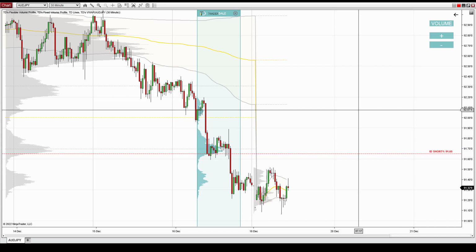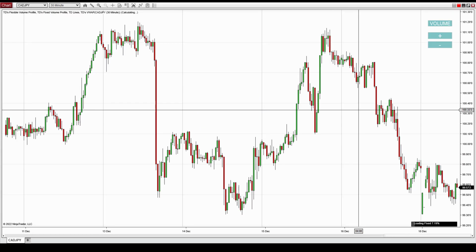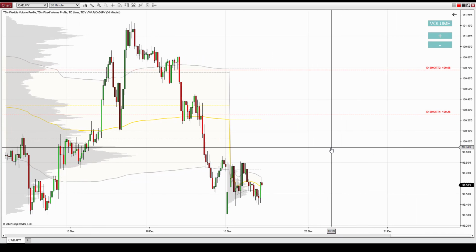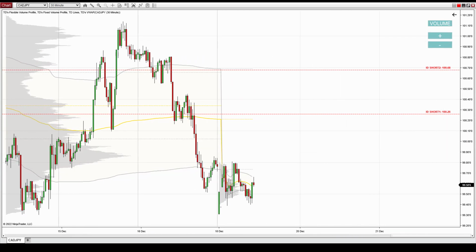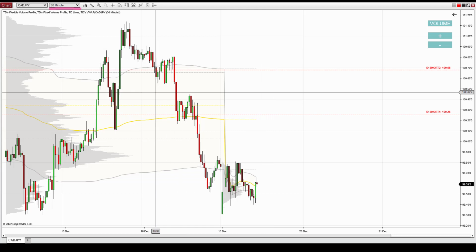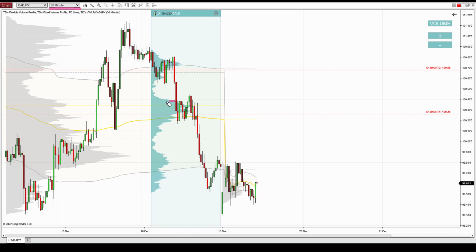Now let me switch over to another chart, and the next one will be Canadian dollar Japanese yen. And in here there's also a trend setup. Again, you are looking at a 30-minute time frame. It's my favorite time frame to analyze the daily market movements. So here is a downtrend, and volume profile points to this heavy volume zone within the downtrend.